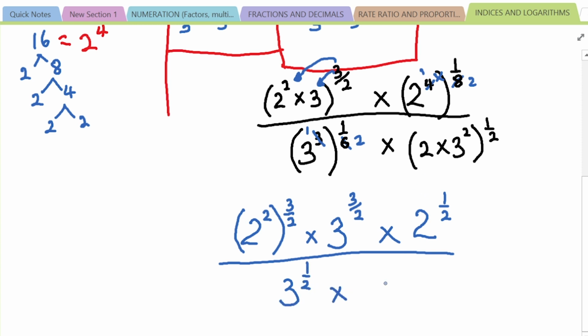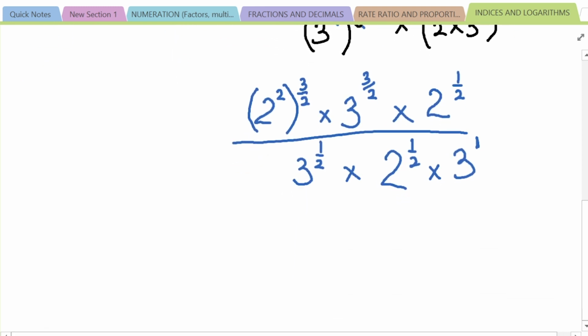Multiply that by, that is 2 to the power a half. That is coming from this a half multiplying by that. Then we have this 2 multiplied that by 2 once, by 2 once. So this remains 3 to the power 1, like that. So continuing, this 2 and that 2 will cancel. We shall remain with 2 to the power 3.